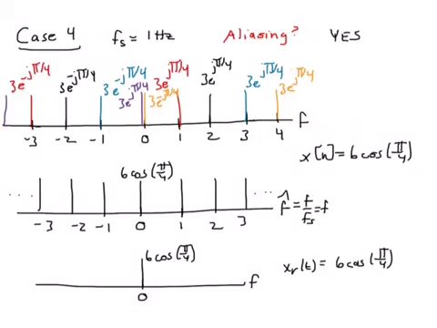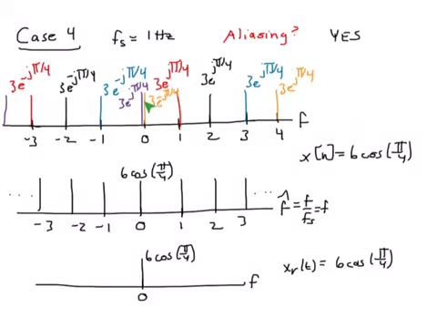I drew the copy around 1 hertz, that's the blue lines here. I drew the copy around 2 hertz, that's the orange lines here. And then I also drew a copy around minus 1, that's the red, and a copy around minus 2, and that's the purple lines here.